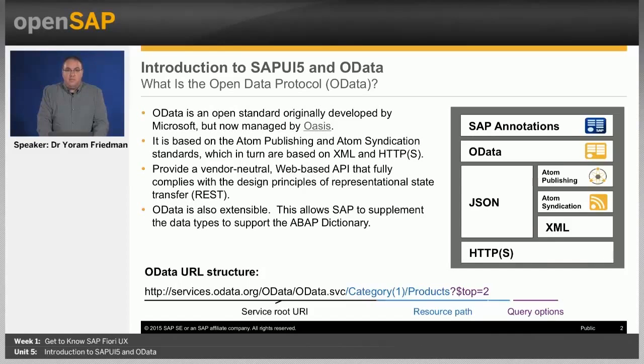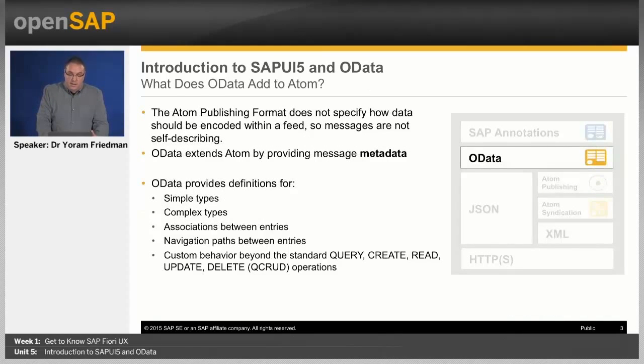Now I mentioned that OData is based on existing industry standards like Atom, SOAP, REST. But what are the extra added benefits of OData? That's what is important to understand: OData makes it easy to communicate with a system by enriching the information that the service provides me with message metadata. That way I can actually understand what information I am going to receive from a service.